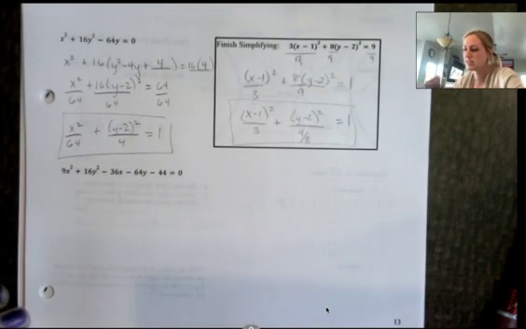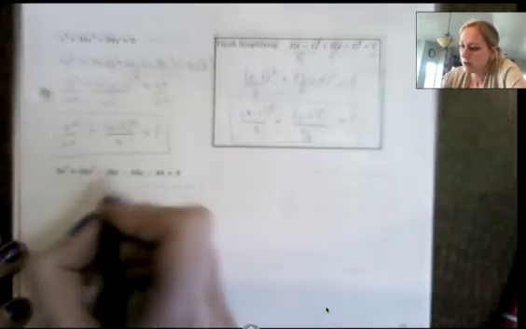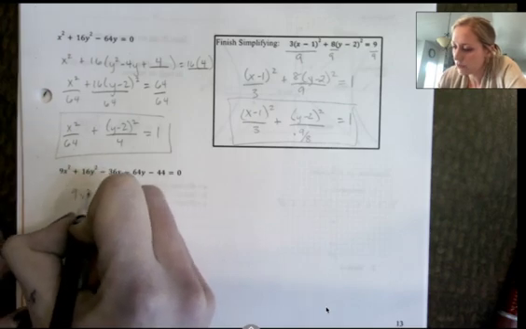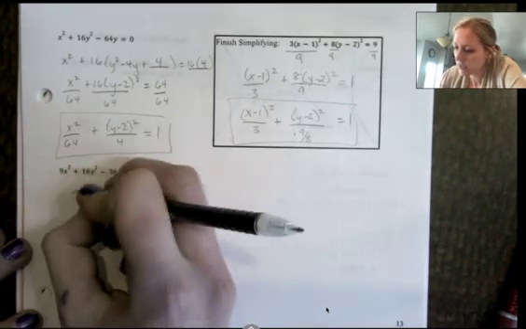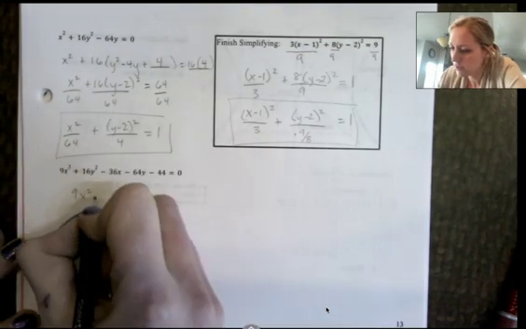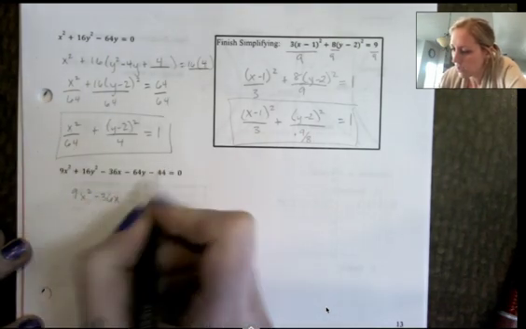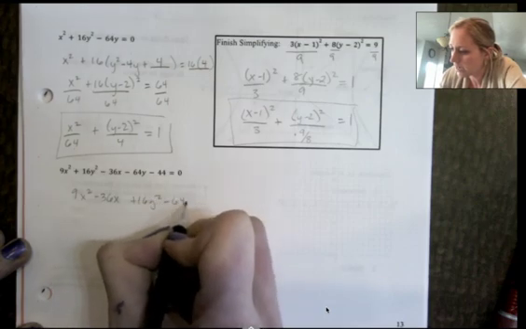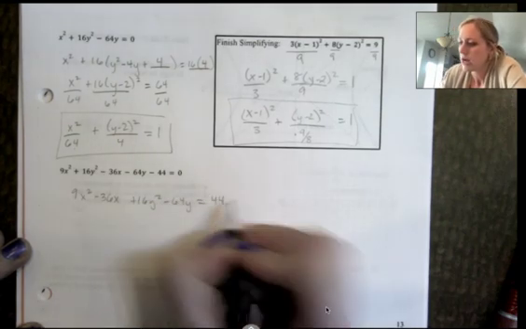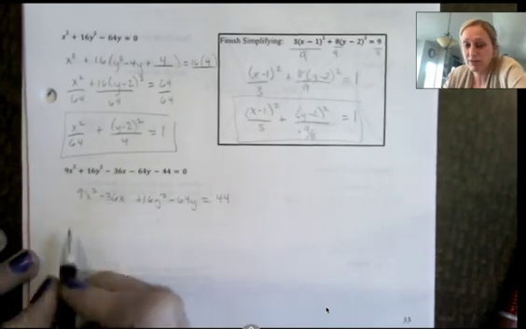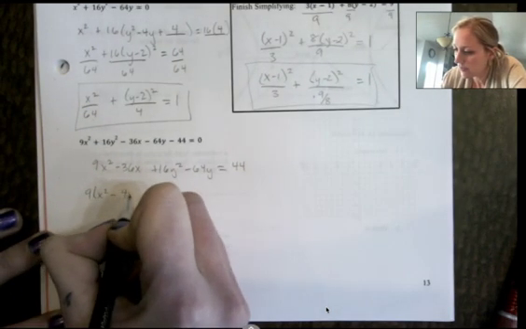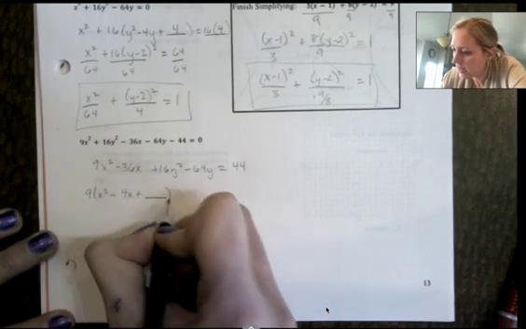Okay, last example here, guys. Completing the square, so let's get all our x's together. So we got 9x squared minus 36x plus 16y squared minus 64y equals 44. This time I need to factor out a 9 from the x's as well, and then leave a space to add.